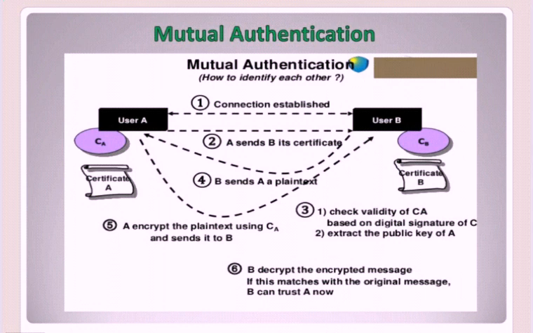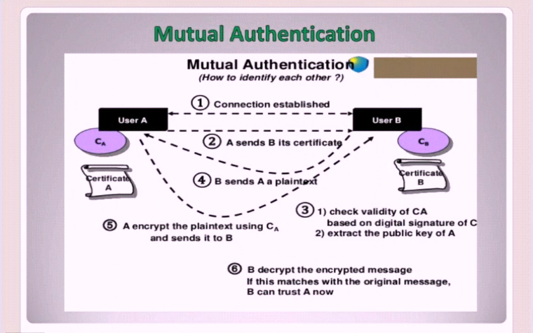Now in step 5, the very obedient A encrypts the message using its private key and sends it back to B. The next is step 6. In step 6, user B decrypts the encrypted message and checks whether it matches the original message.